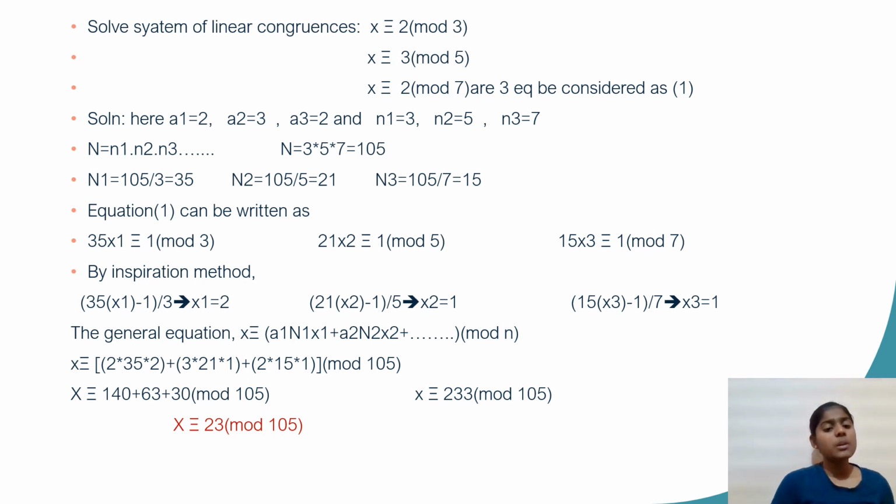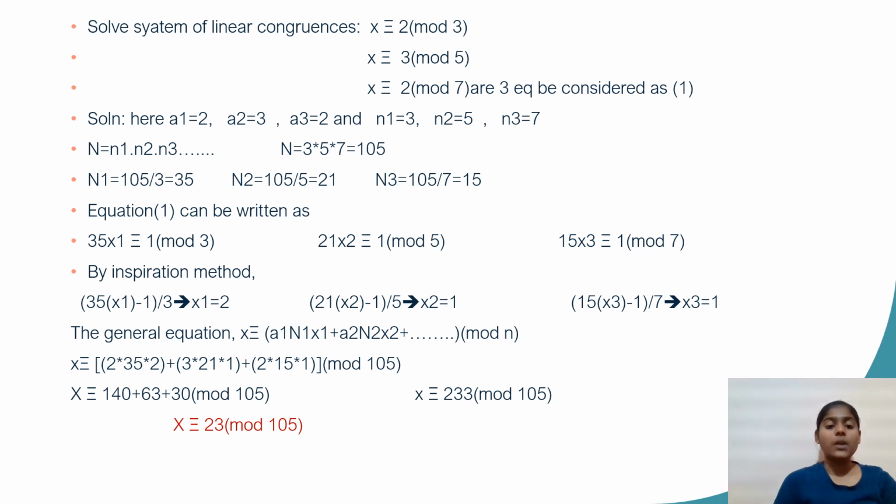By inspection method, (35x1 minus 1) divided by 3 gives x1 equals 2. Then by inspection method, (21x2 minus 1) by 5 gives x2 equals 1. Then by inspection method, (15x3 minus 1) divided by 7 gives x3 equals 1.